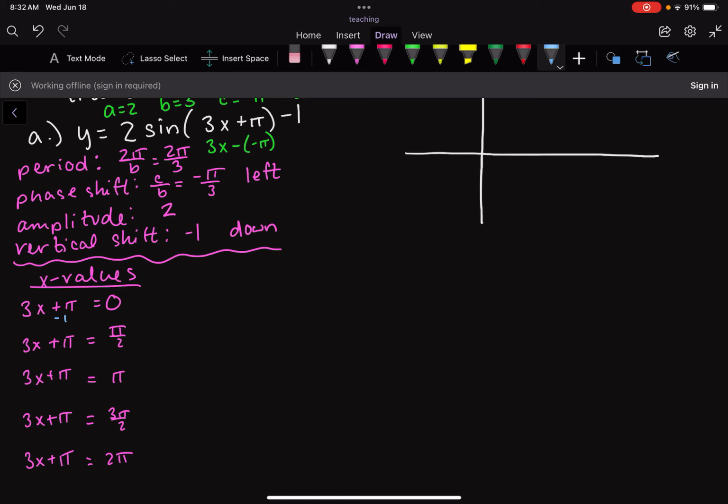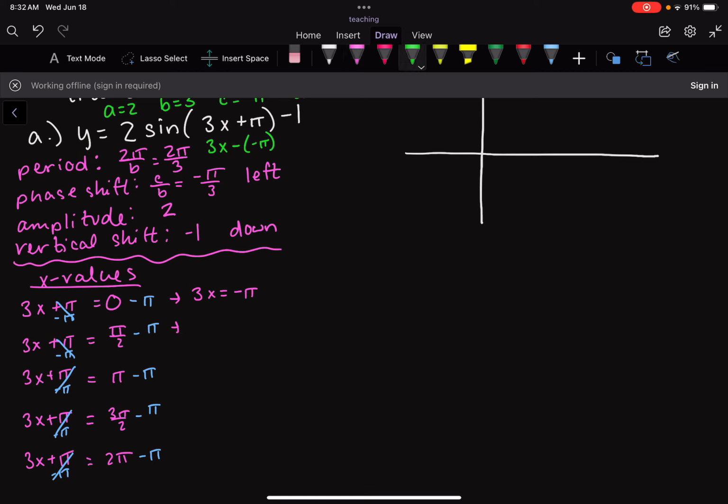So first I'm going to subtract pi from both sides. So I subtract pi first. So now this is going to leave me with 3x equals negative pi.